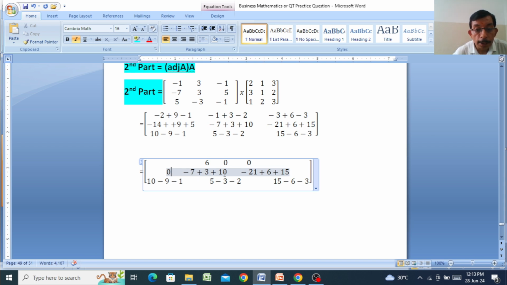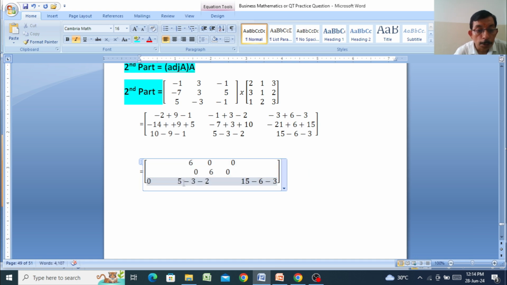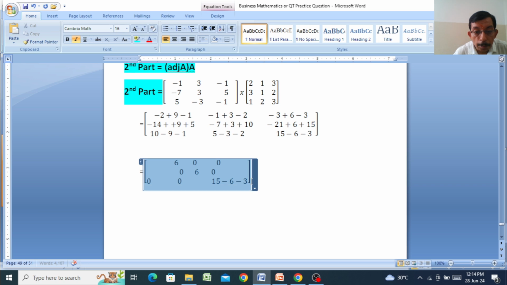Minus 7 plus 13, the result is 6, note down 6 in here. Minus 21 plus 21 is 0, note down 0. 10 minus 10, 0, note down 0. 5 minus 5, note down 0. 15 minus 9, result is 6, note down 6.